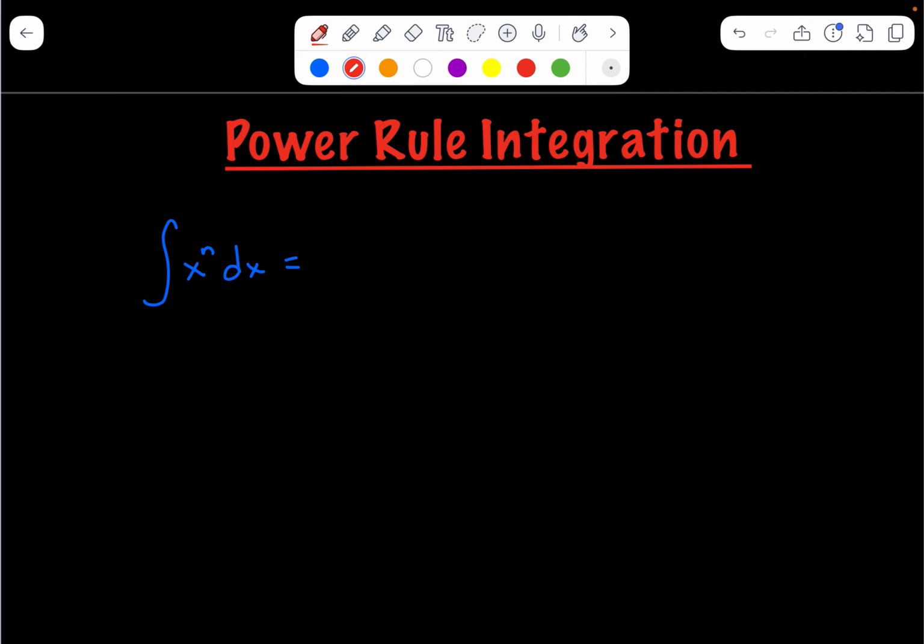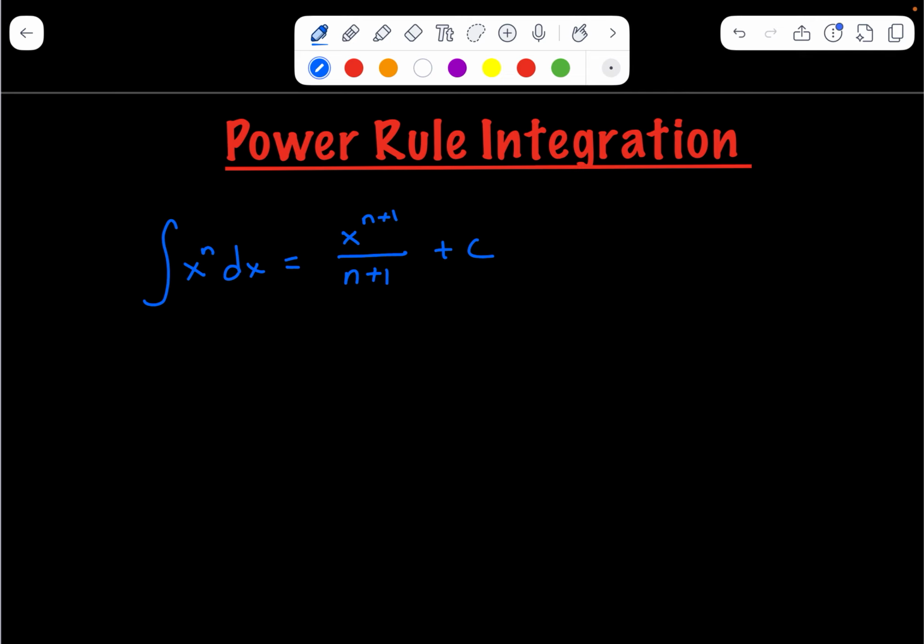So the power rule, the general form is: if you have the integral of x to the n, where n can be any number, it's just a constant, or honestly anything, dx, then to solve this, we get x to the n plus 1 over n plus 1 plus c, because it's an indefinite integral.